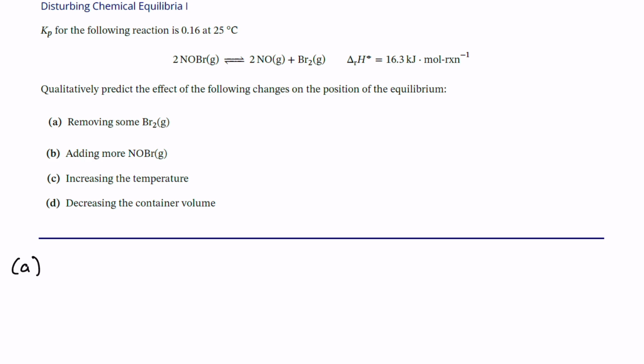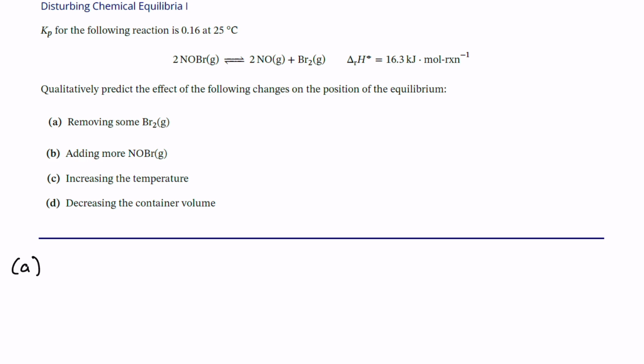Of course, Br2 we can see is a product in this case, right? So Br2 is on the product side. That means by removing that, we are reducing the product concentration. And we know that a system will want to respond in the opposite manner of whatever the disturbance was.